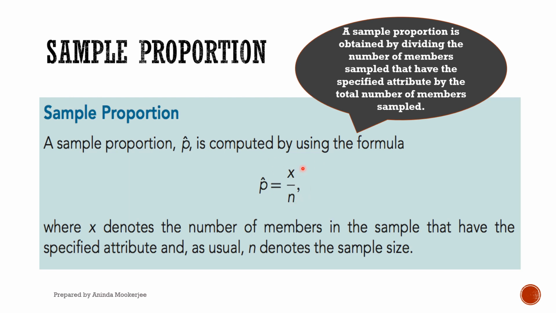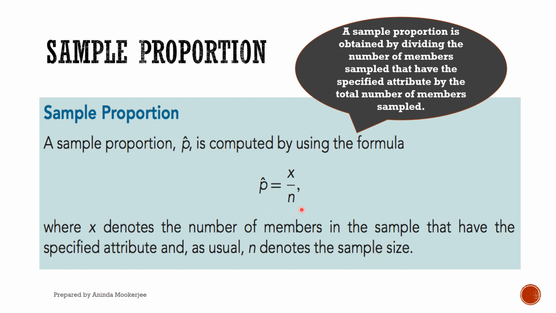So what is x? x is the number of people who have met the specified attribute we have been looking for. So x denotes the number of members in the sample that have the specified attribute. So the number of respondents who said yes to your question. And as usual, n denotes the sample size.